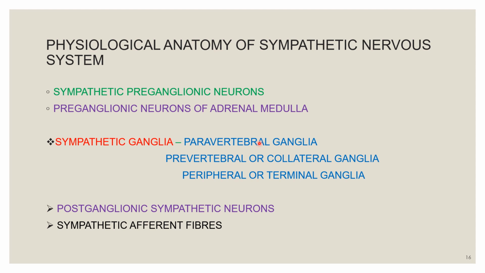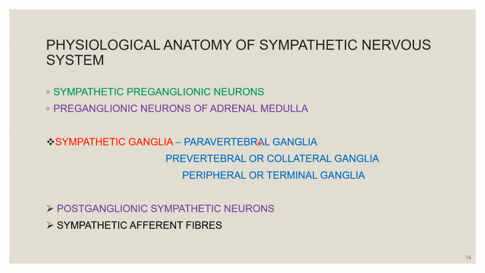It is responsible for activities like digestion, circulation, excretion, respiration and reproduction, as well as for the function of adrenal medulla, sweat glands, lacrimal glands and salivary glands. It also controls the activity of smooth muscles present in the iris, ciliary body and arrector pili.